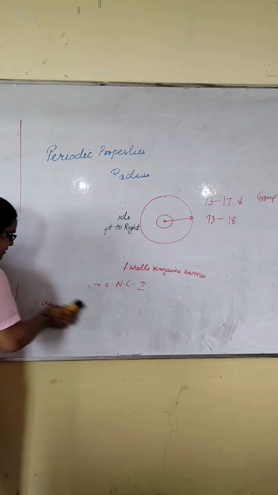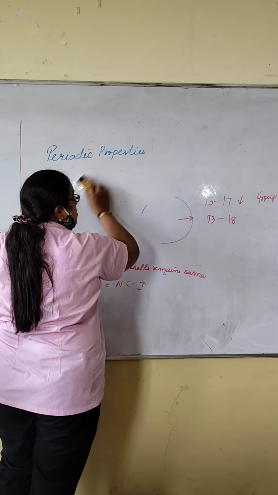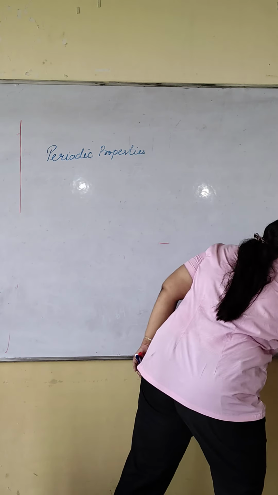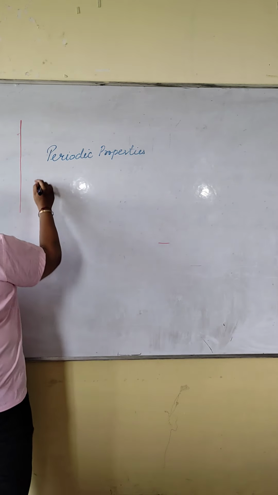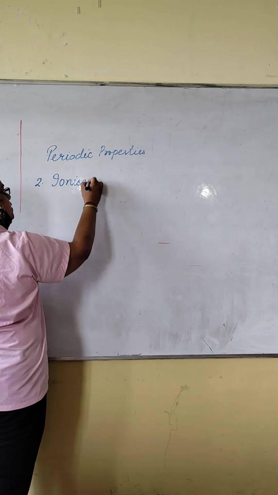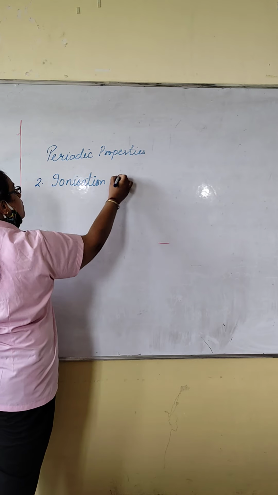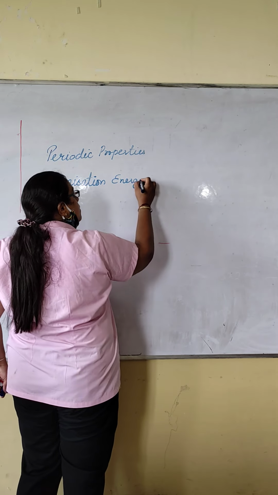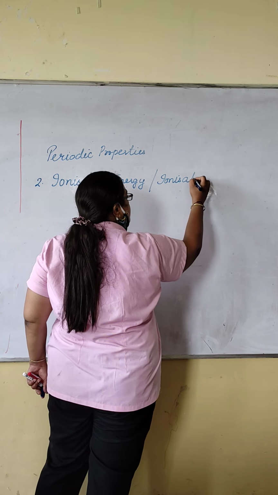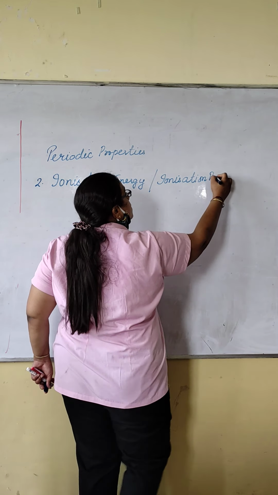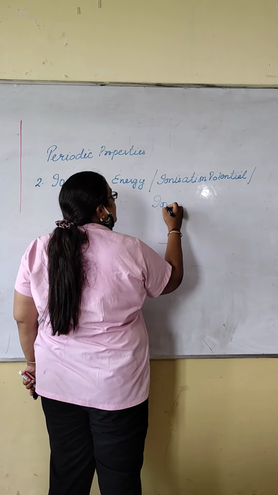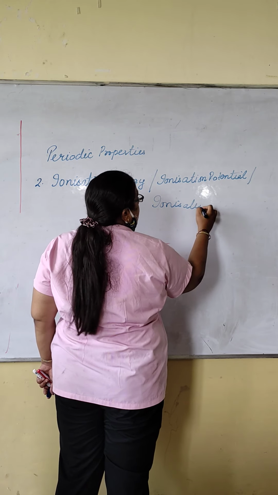An important periodic property is your ionization energy. Ionization energy is also known as ionization potential, also known as ionization enthalpy.